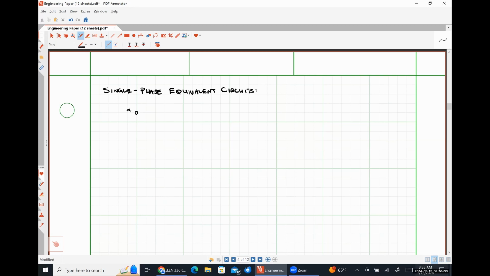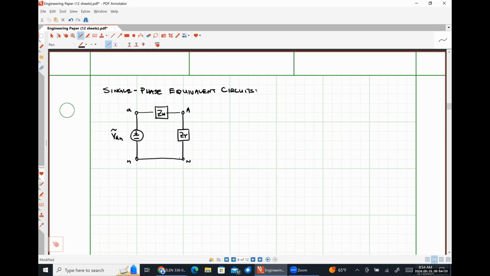So here is my lowercase a terminal. My lowercase n terminal, and this is my voltage VAN, seen between my lowercase a and uppercase A terminals is my impedance ZW, seen between my uppercase A terminal and my uppercase N terminal is my load impedance ZY, and seen between the lowercase n terminal and the uppercase N terminal is a short circuit.